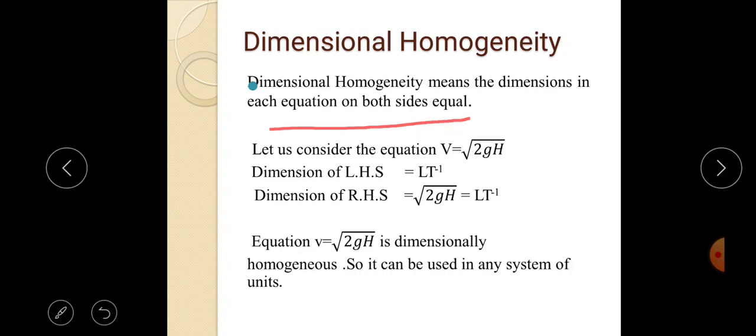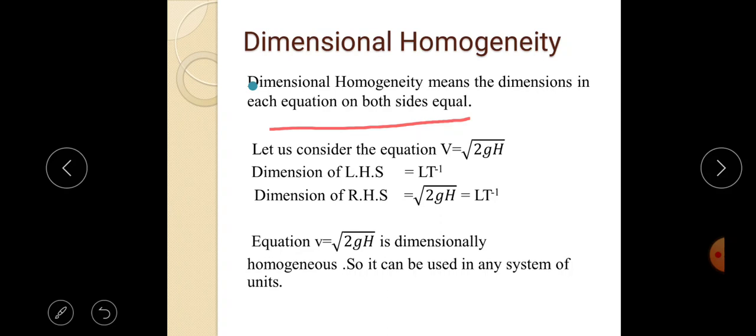Dimensional homogeneity is the concept where the dimensions of variables on both sides of an equation are the same. If the units are the same, the dimensions of each term must be the same, and every valid equation must be dimensionally homogeneous. If an equation is not dimensionally homogeneous, we say that the equation is not valid.